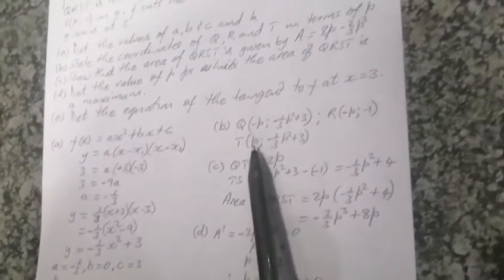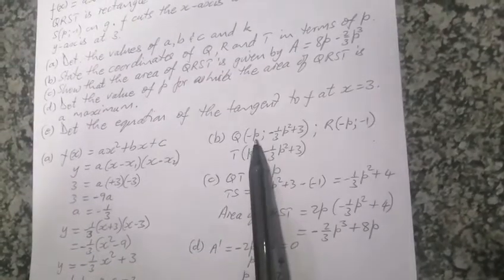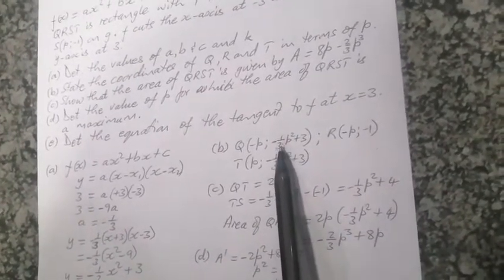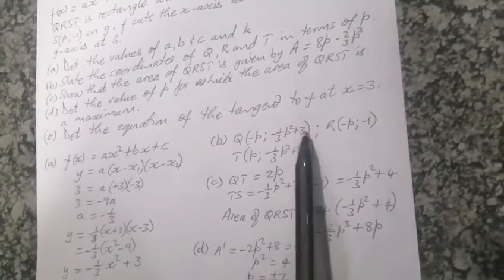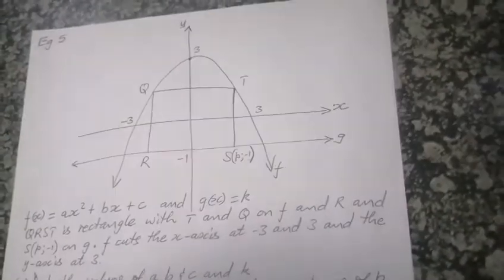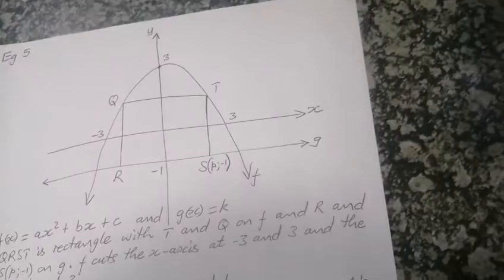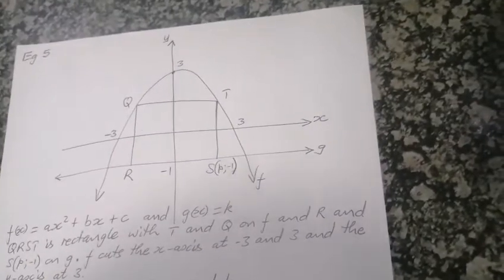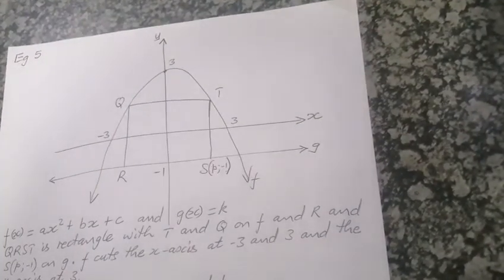Therefore, we end up with the coordinates (-p, -1/3 p squared plus 3). And finally, the coordinates of T are p, and again we substitute the p in here, we end up with (p, -1/3 p squared plus 3).